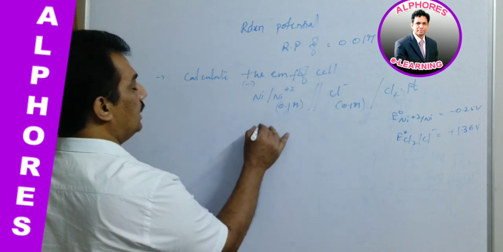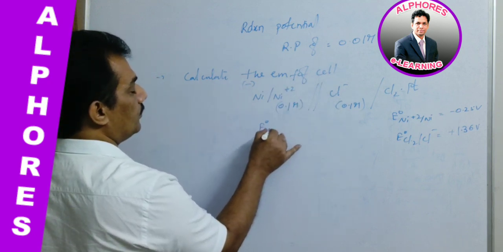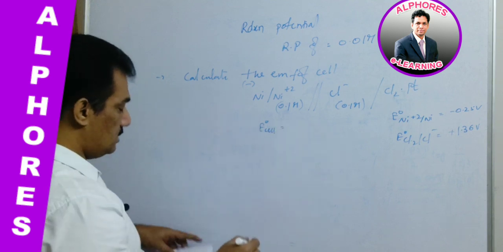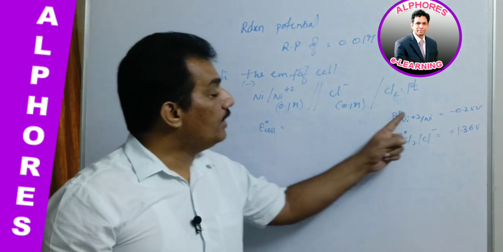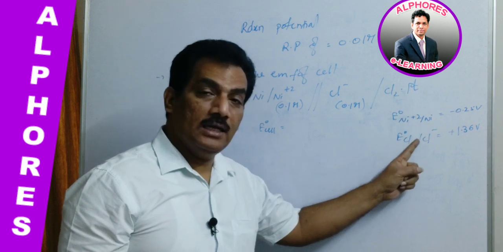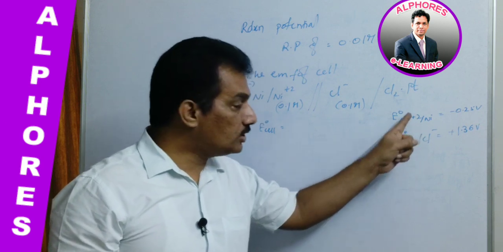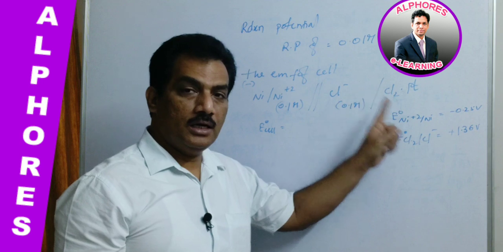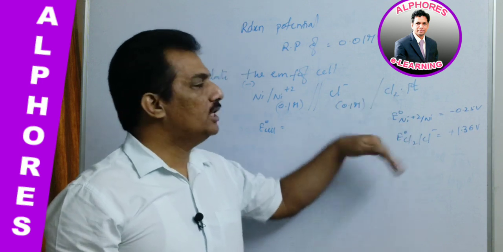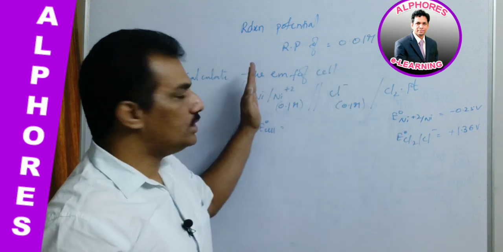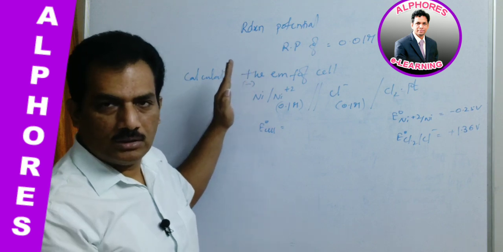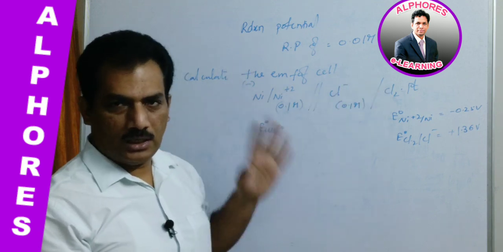First we have to consider E0 cell. Because both of these are given as standard reduction potentials, SRP values. In the previous case, OHE was provided with oxidation potential and RHE with reduction potential.